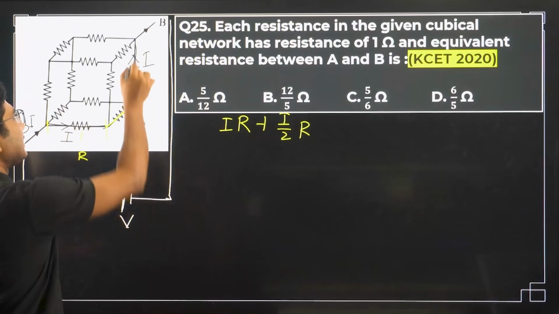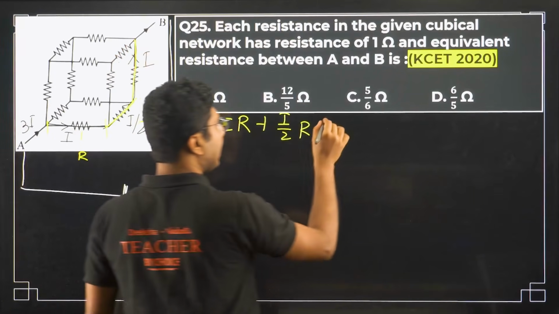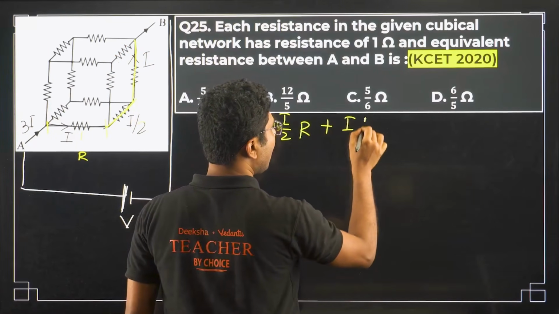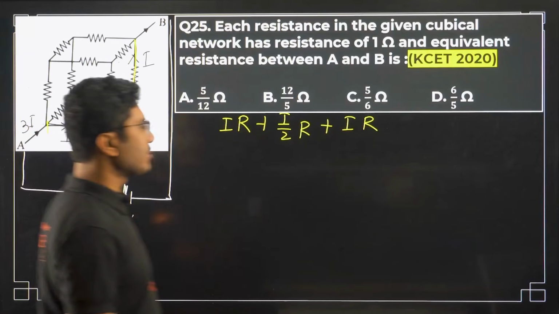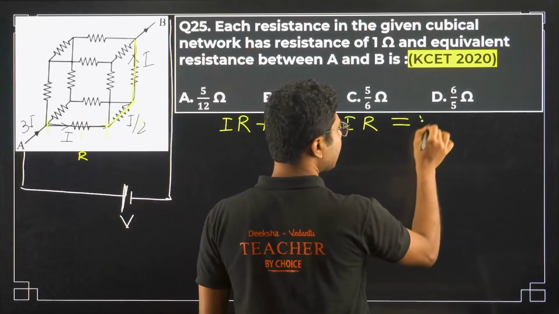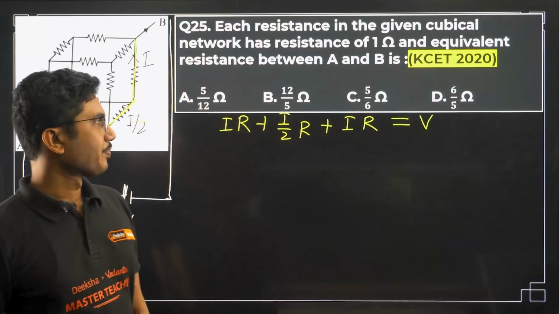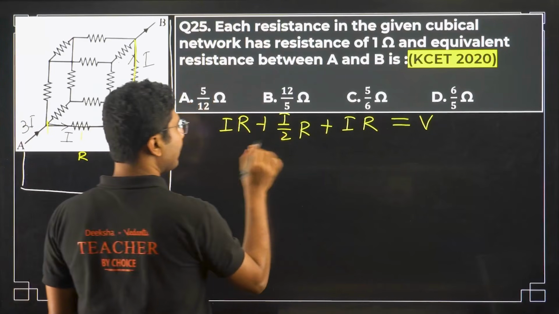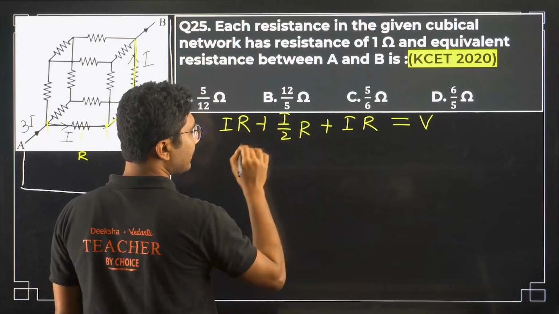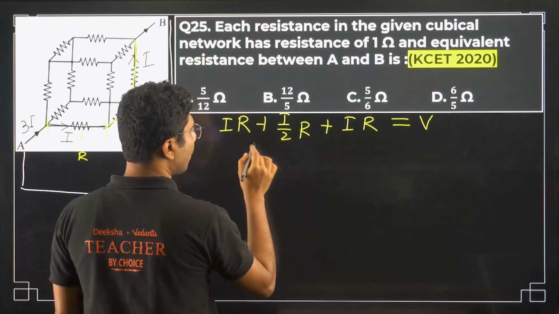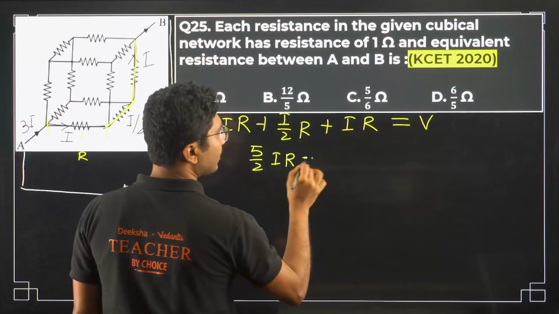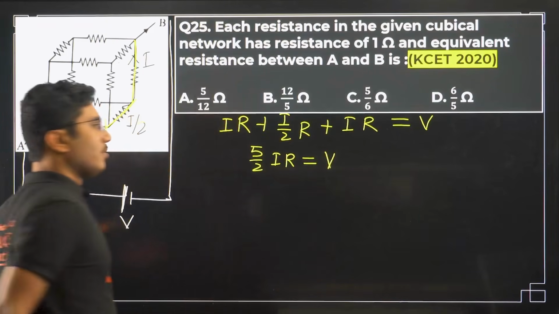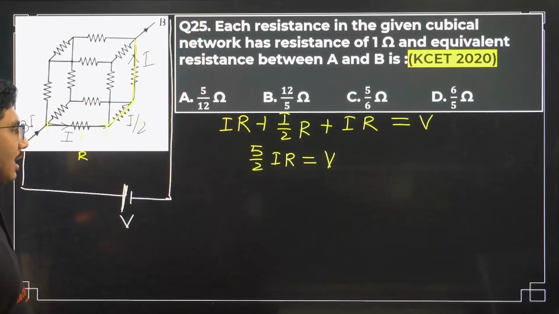And for this resistance, again I into R, right? And from Kirchhoff's voltage law, this must be equal to the supplied voltage, right? So what is the value? You will get this 2R plus half, that is 5 by 2 IR equals V. 5 by 2 IR equals V.